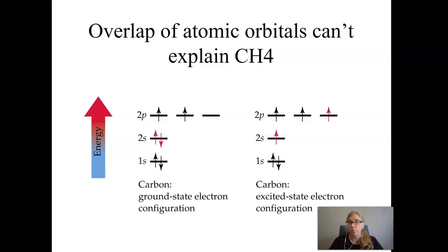So that's better, but it's still not great, because when we actually measure the length and energy and bond angle of the methane molecule, all 4 of those bonds are equivalent in length and strength, and they repel one another equally in space. And so having an electron in the 2s and 3 electrons in the 2p doesn't really help us understand how they all became equal, because the energy of a 2s electron is different than the energy of a 2p electron.